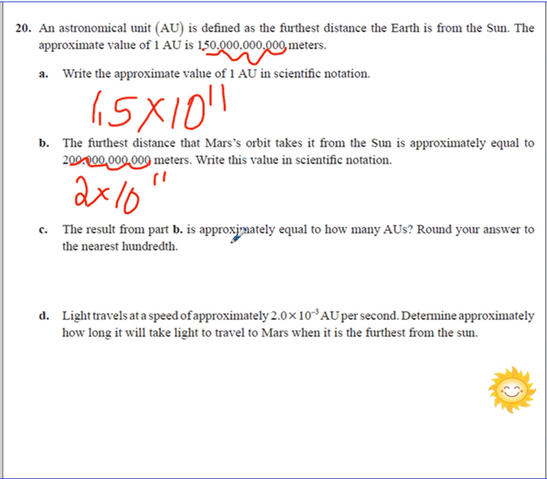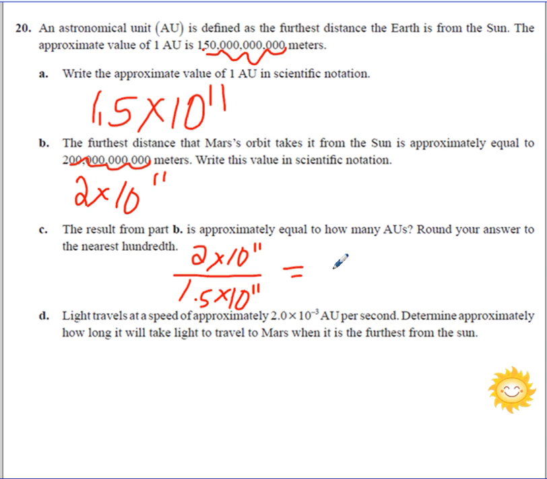So we use this to find about how many AUs that is. To do that, we have the distance, 2 times 10 to the 11th, divided by the amount of AUs, which is equal to 1.5 times 10 to the 11th.